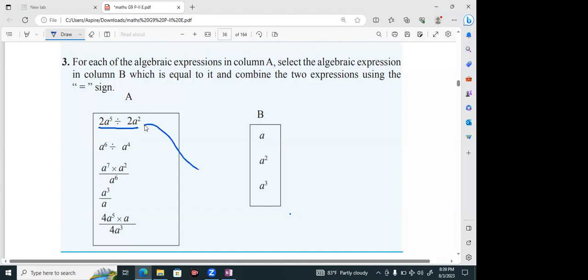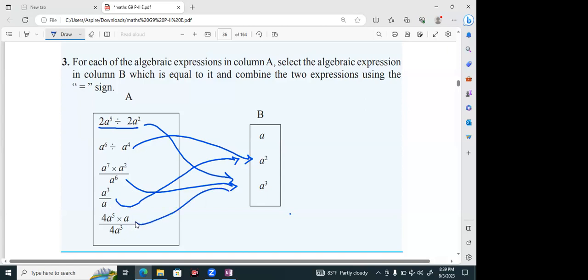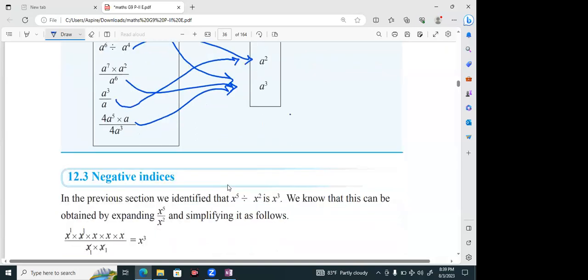Yes, here it is a to the power 3. Here, a to the power 2. Here, a to the power 3. Here, a to the power 2. Here, a to the power 3. Very good. You have done correctly.